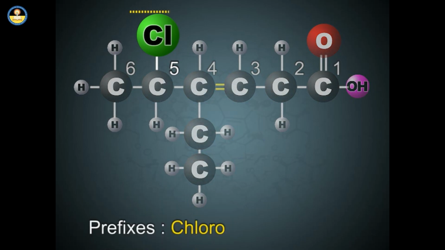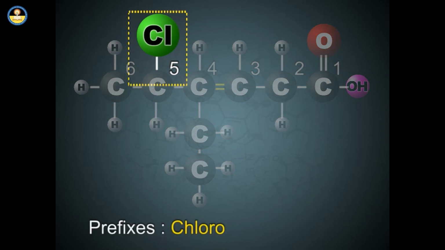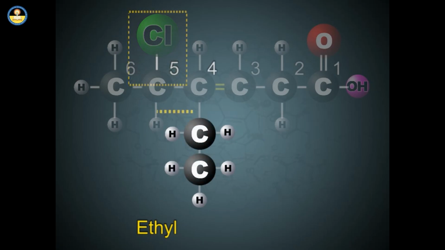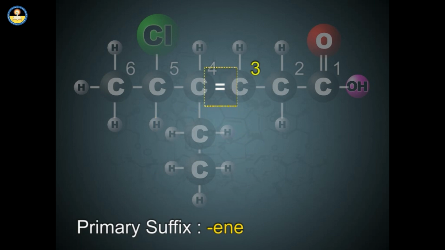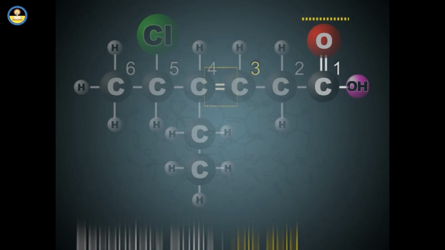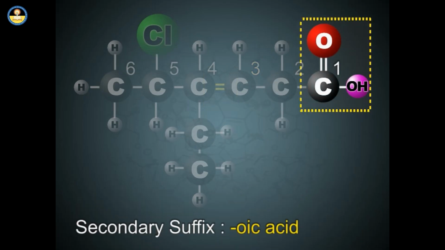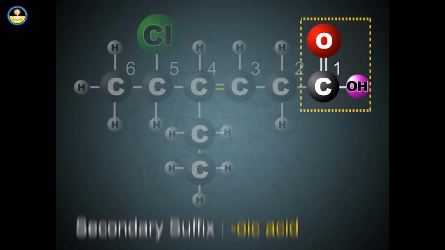Prefix used at position 5 is chloro, and prefix used at position 4 is ethyl. Primary suffix used at position 3 is -ene. Secondary suffix used at position 1 is oic acid.